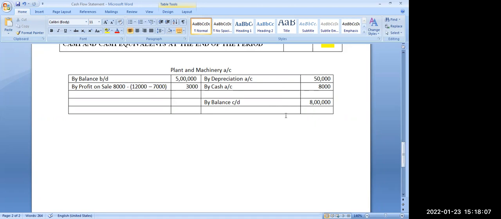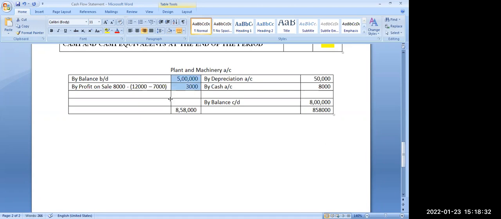So now both sides should be equal, but they are not. Look at this. This credit side, how much is it? 8,58,000. The debit side is not 8,58,000. How much is there on the debit side? 5,03,000.